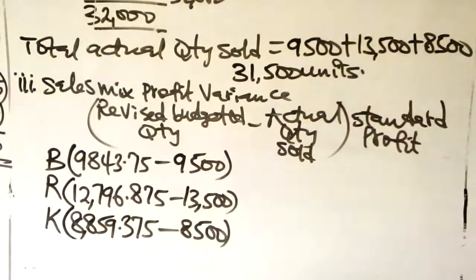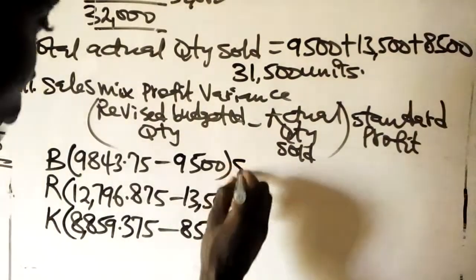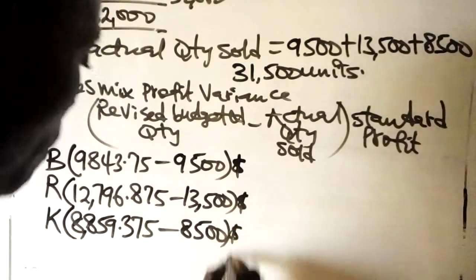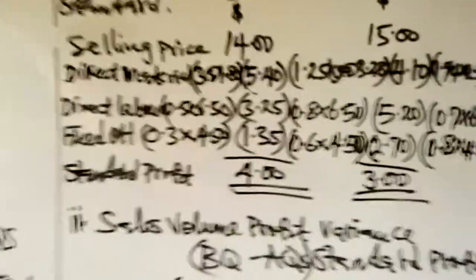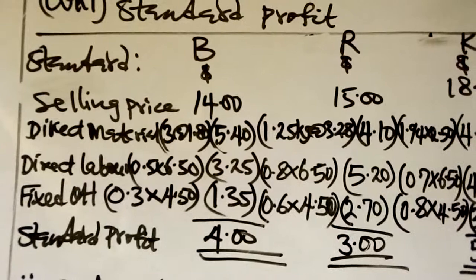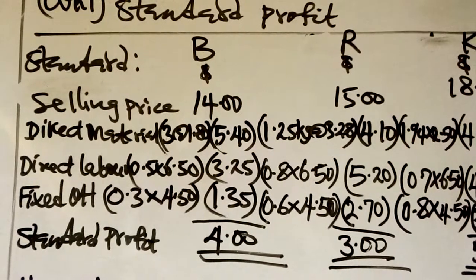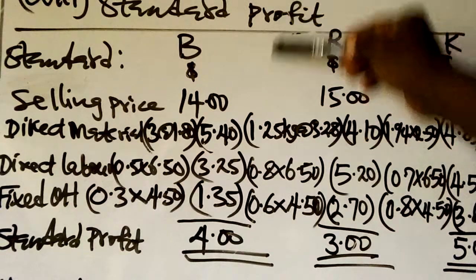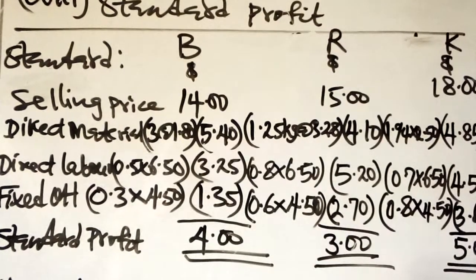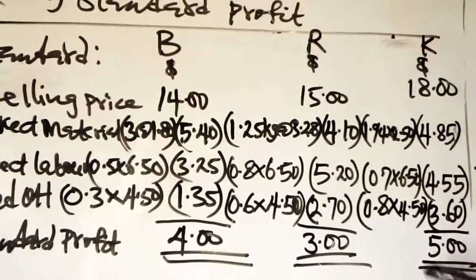Multiply by the standard profit. We have computed our standard profit. This is the working. We got $4, $3, and $5.